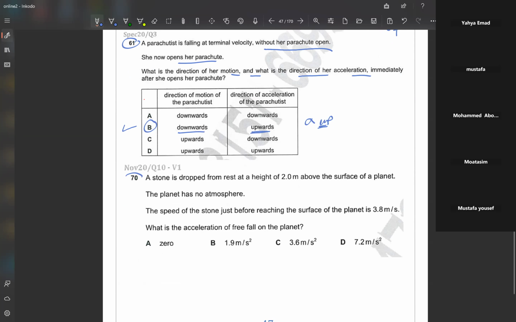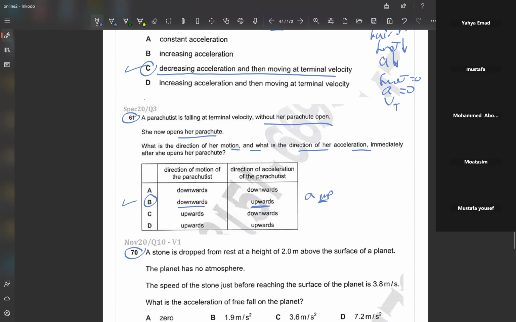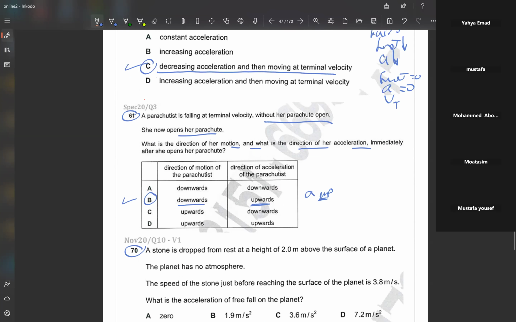Excuse me, sir, can you explain the direction of acceleration again? I didn't understand. Okay, again. After opening the parachute, what's happening, Yahya? Now we have a greater air resistance than weight, right? Yes. So now, where is the net force?